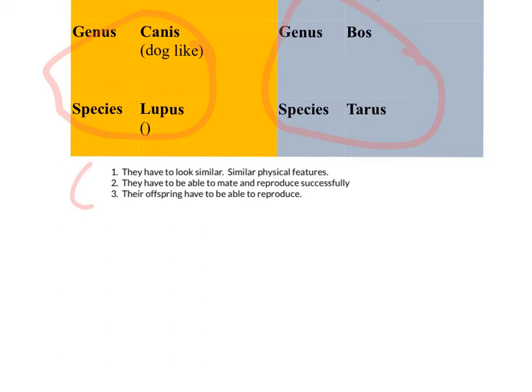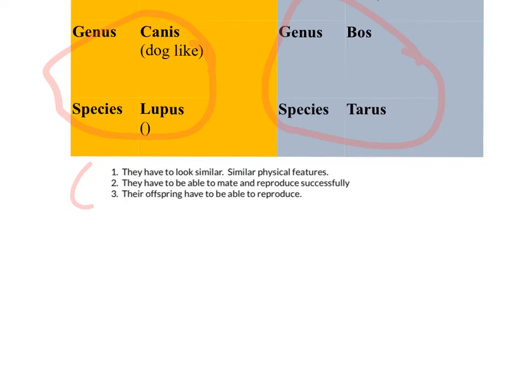And so we always use the classic example of the mule. If you take a horse and you take a donkey and you look at them, they have similar physical features. They have the same kind of body shape, same kind of physical features to them. So it looks like they pass step number 1. Step number 2, can a horse and a donkey mate and have babies? Yes, they can.